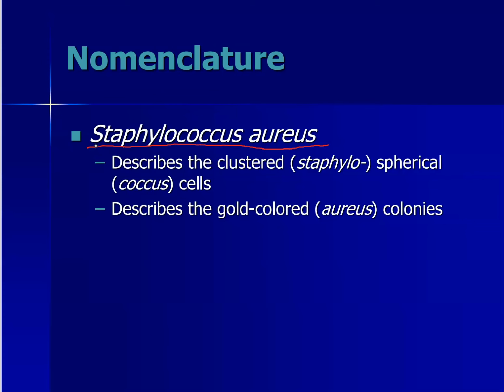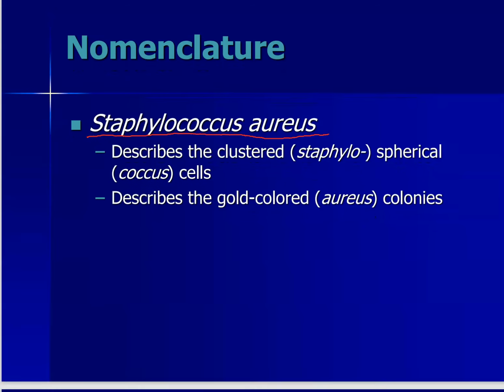Coccus means those are round cells, round bacteria. And aureus comes from the Latin word aureum, which is gold. So this name describes bacteria that are round, tend to come in clusters, and have a golden color to them.